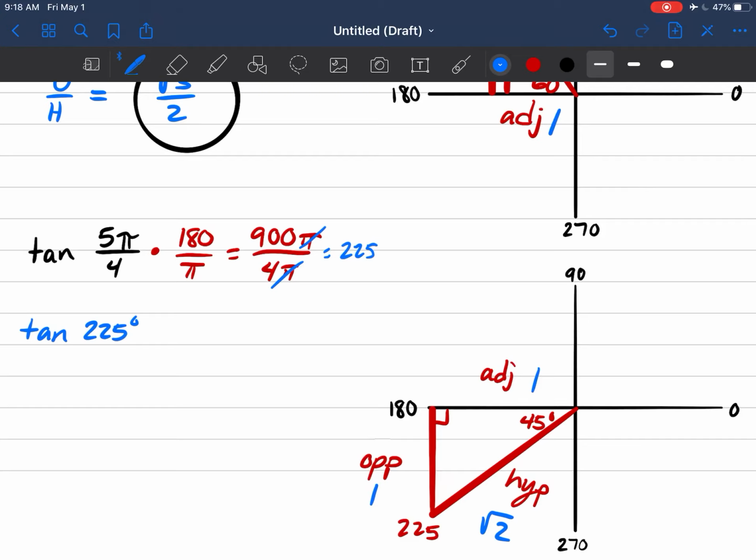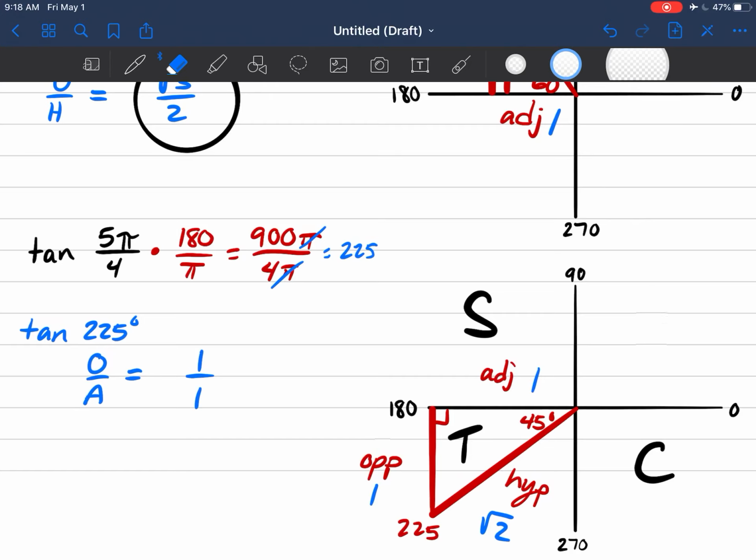All right, so now we just need to set up our fraction. So tangent is going to be opposite over adjacent. So then opposite over adjacent would be 1 over 1. And let's just figure out whether it's positive or negative. So all students take classes. Don't care about the other quadrants because our angle or triangle is not there.